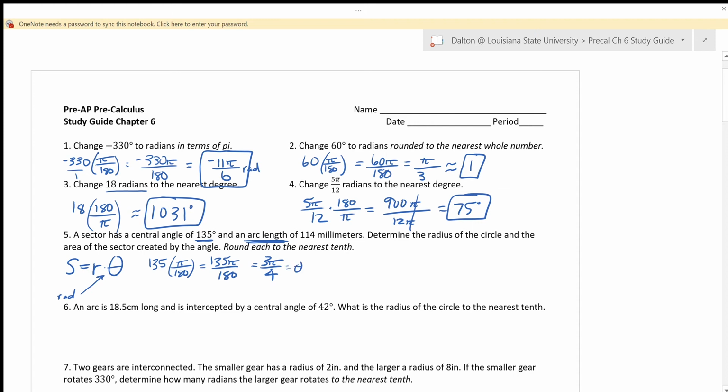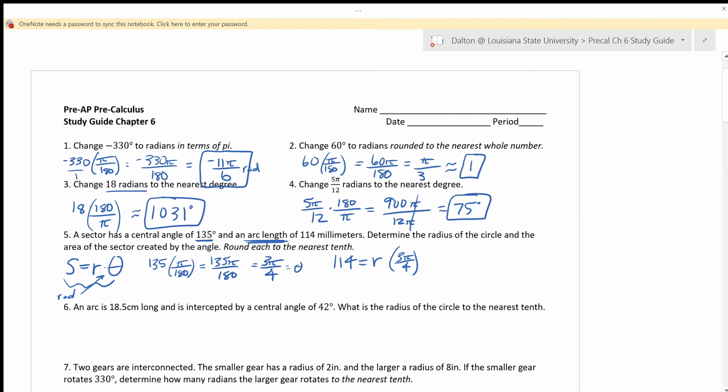Now if I fill in my equation, S equals R theta, they give me an arc length of 114. So that's equal to R, since I'm looking for the radius, times theta, which is 3 pi over 4.